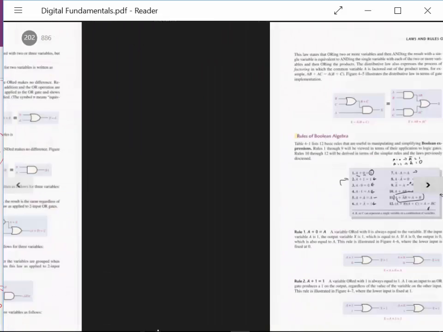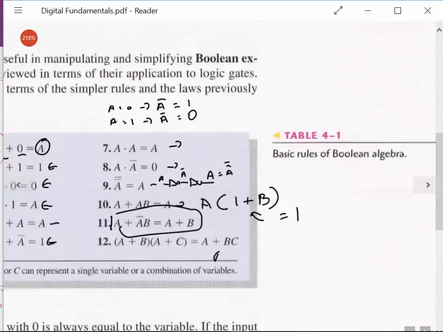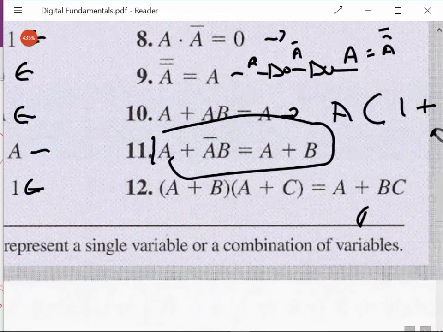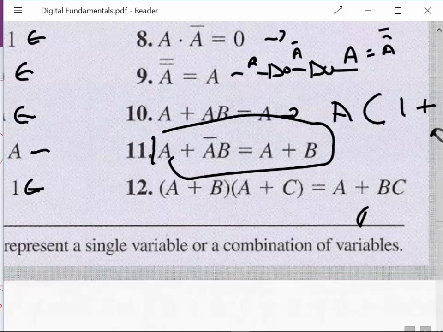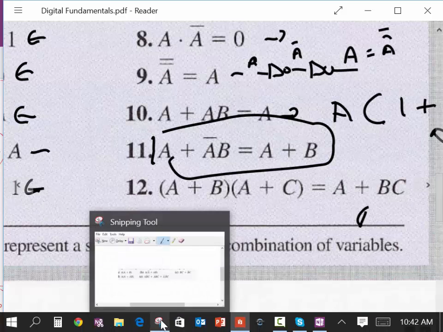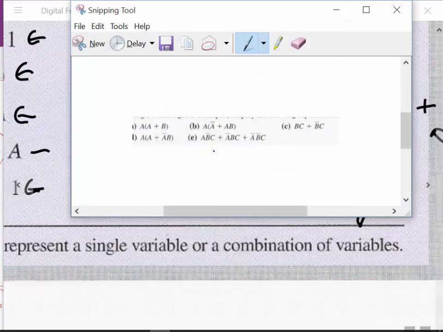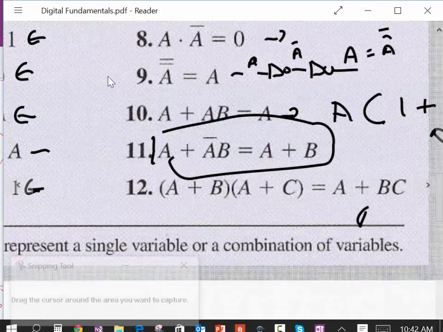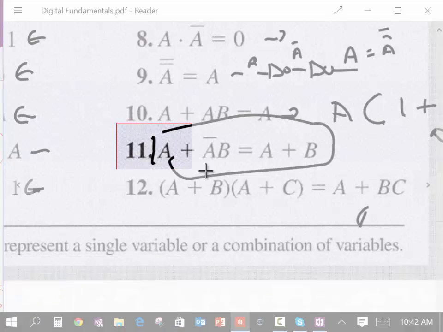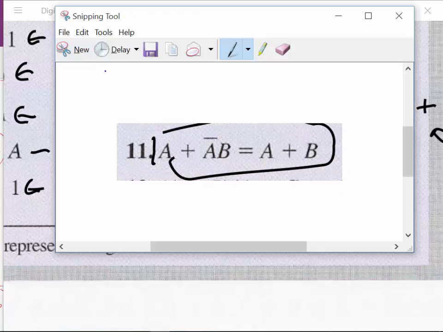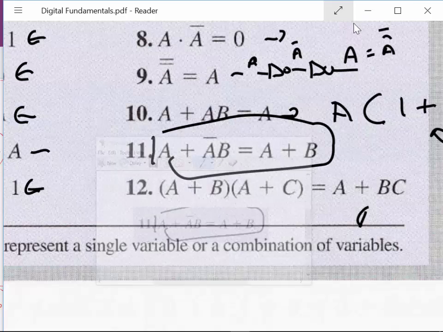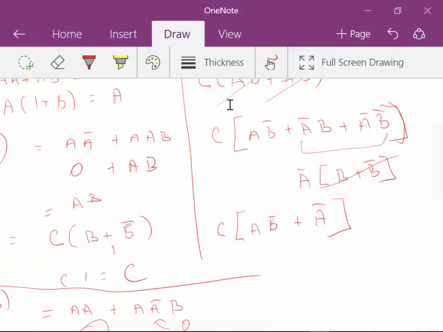Oh, this is the slide I want. This expression right here, this is the one I want. Let me grab this and talk about this one a second here.